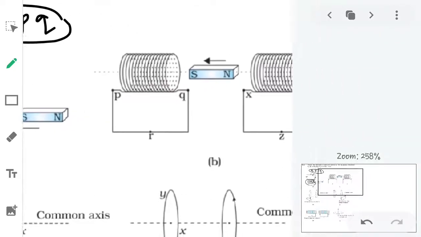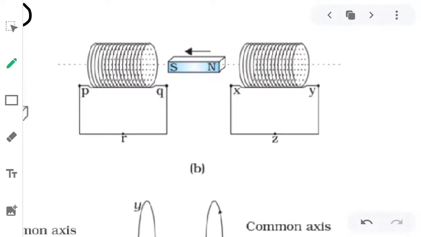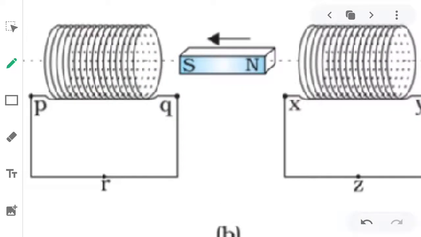Okay, let's come to the second case now. Here is a similar case, south is coming closer. Same polarity means south. South means clockwise.